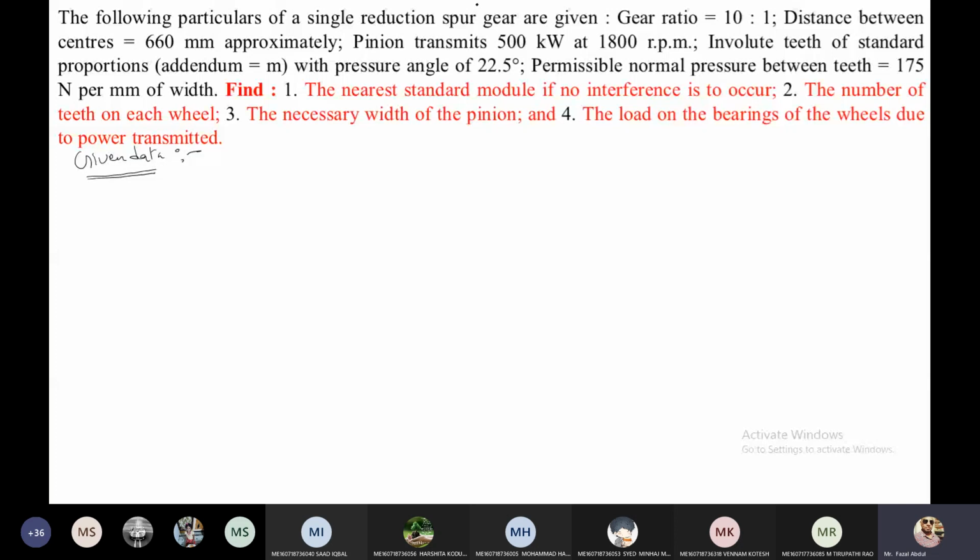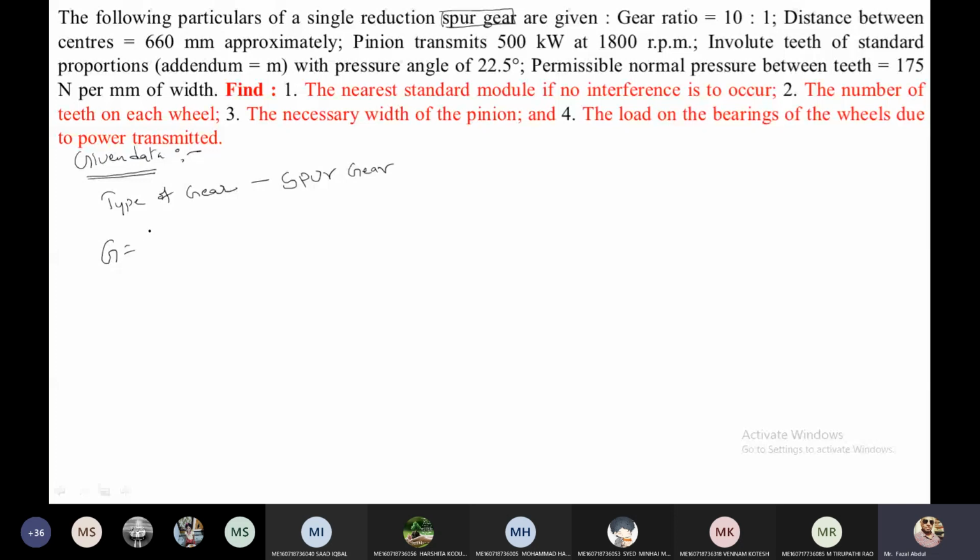By seeing the statement, you have to recollect all the equations that belong to spur gear. So the first thing given is the type of gear, spur gear, and the gear ratio is given as capital G.